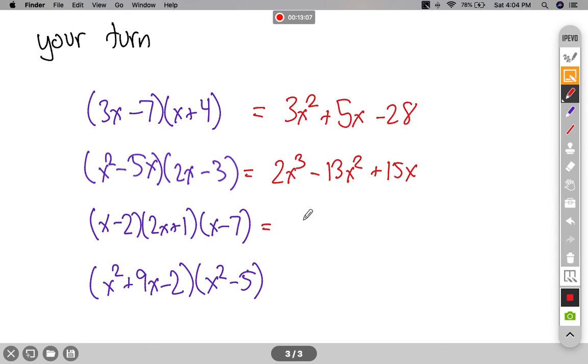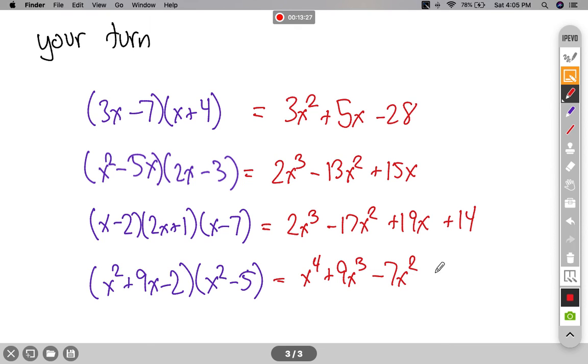Third one, I got 2x to the third minus 17x squared plus 19x plus 14. And the fourth one, I have x to the fourth plus 9x to the third minus 7x squared minus 45x plus 10.